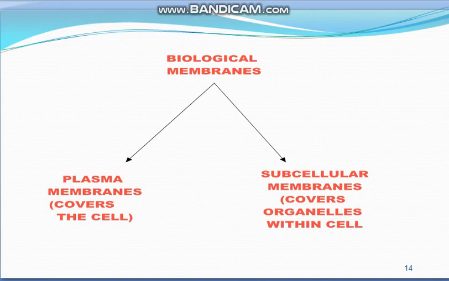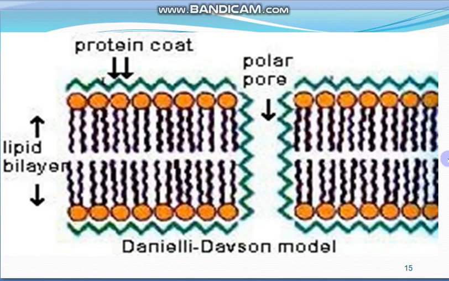When we talk about the structure of the plasma membrane, many models have been given describing its structure. The first model for the structure of the plasma membrane was given by Danielli and Davson. It is known as the Danielli-Davson model, and it was given in 1935.